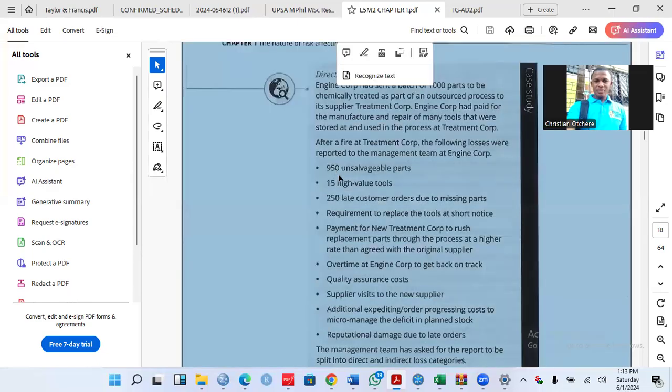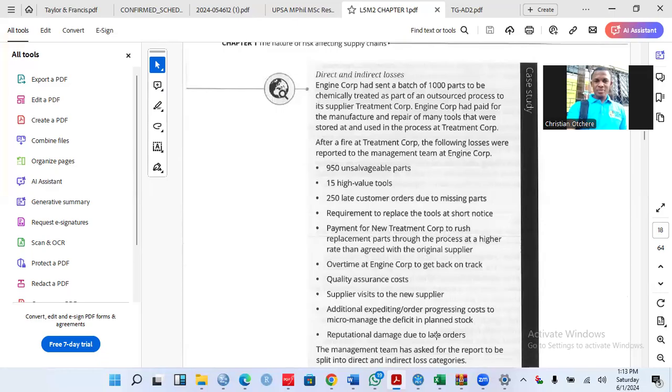Now, if you look at 950 unsalvageable parts, so the 950 parts that were not saved from the fire, they were lost to the fire. Is that direct or indirect loss? It's direct. Okay, that's direct. Okay, 15 high value tools were also gone.